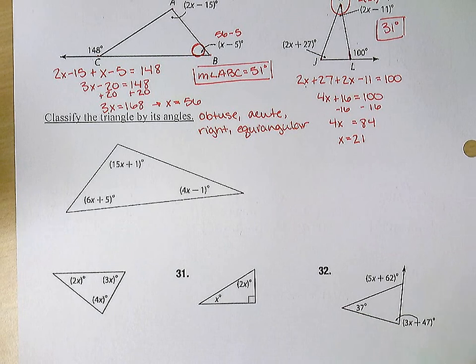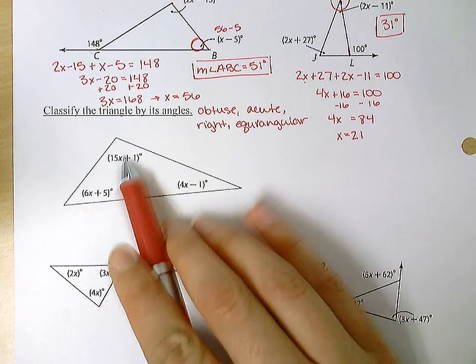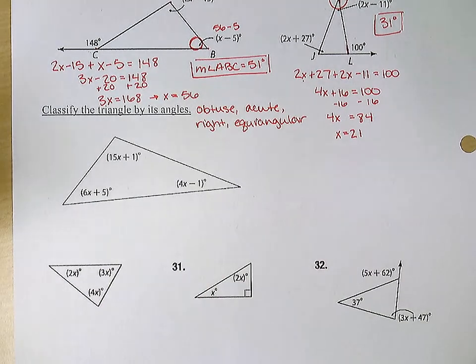So first, we have to figure out what the angles are. In this one, I'm given an equation for each of my angles. How could I set up a large equation to solve for x? What do all 3 of those angles have to equal? 180.